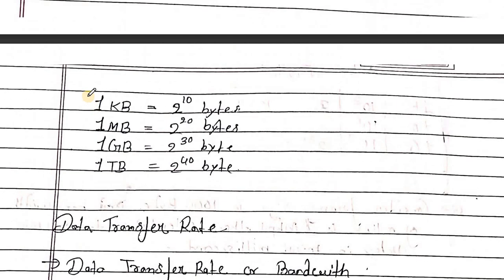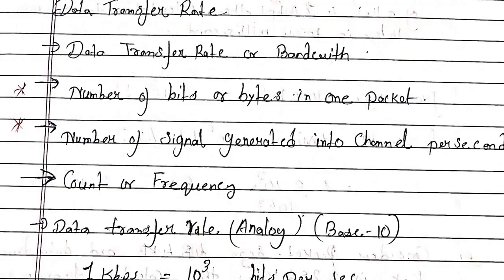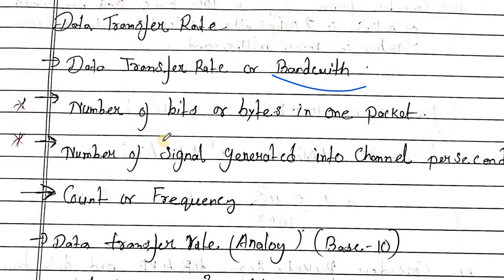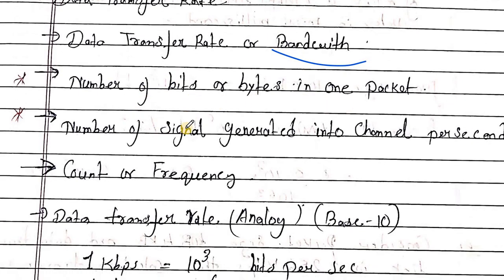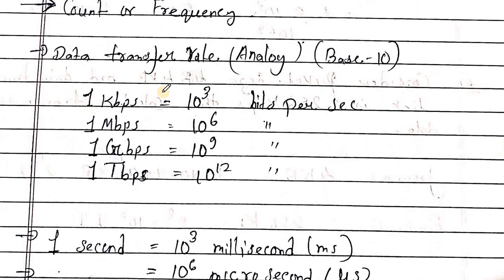Now there are some unit conversions. 1 KB is equal to 2 to the power 10 bytes, 1 MB is equal to 2 to the power 20 bytes. Data transfer rate is also known as bandwidth. Packet size is the number of bits or bytes in one packet. These are some important conversions we use in computer networks while solving questions. 1 kbps is equal to 10 to the power 3 bits per second. 1 mbps is equal to 10 to the power 6 bits per second.